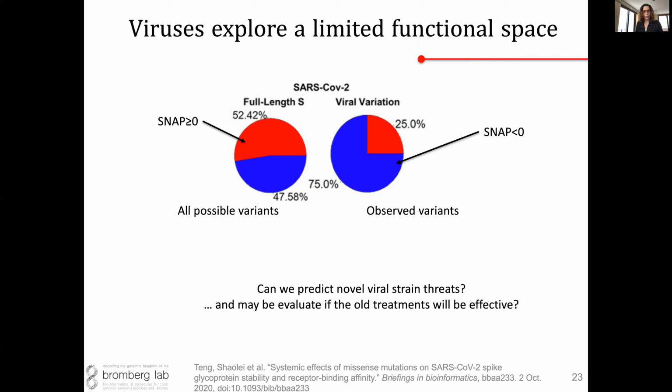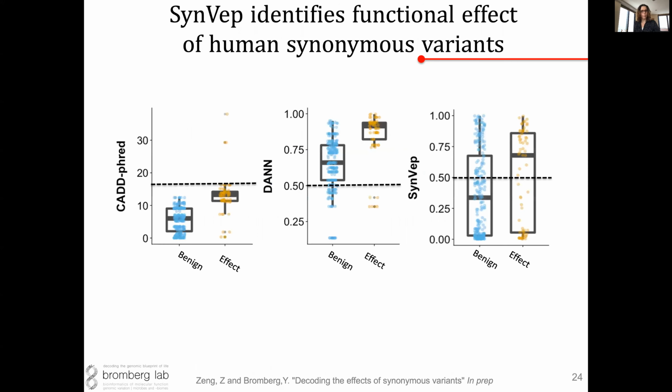So now another thing that I wanted to mention is we recently built this model, SynVAP, that identifies functional effects of human synonymous variants. So there are also other methods to do this. We claim that our method does best because it is able to separate the effects versus the benign variation. But I think the main point here is that we trained SynVAP with no human data available.